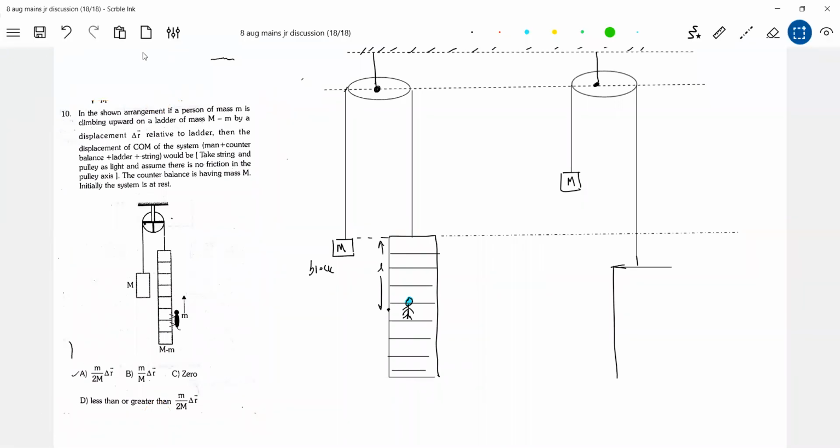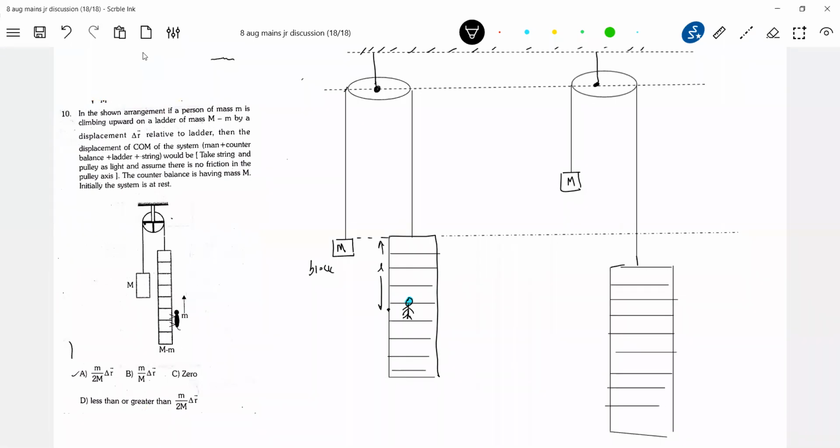Okay, what should the ladder do? Ladder should descend, no? So this is a ladder. So the person climbs up the ladder and he will end up here. So let the displacement of this be y naught.